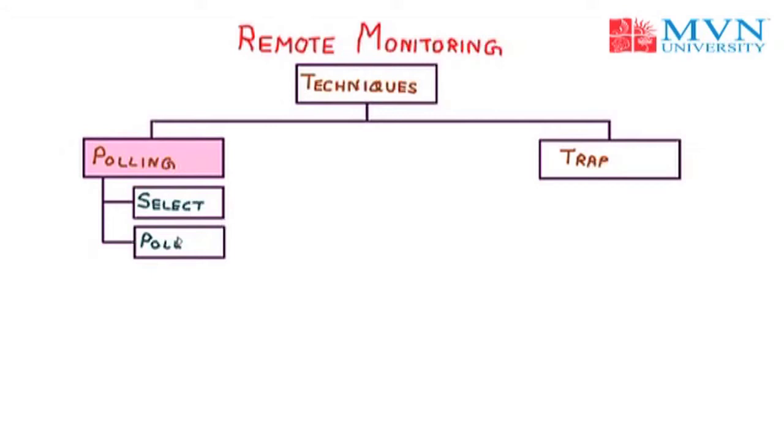So the basic functions we have, the first one is select. Under the select function, whenever the primary system wants to send data, it tells the secondary system to get ready to receive. This is called the select function. So the select function is used when the primary wants to send some data. Next we have the poll function.